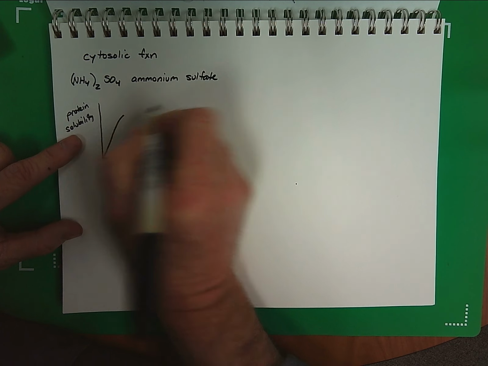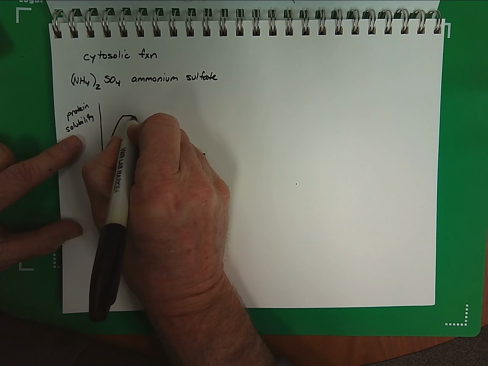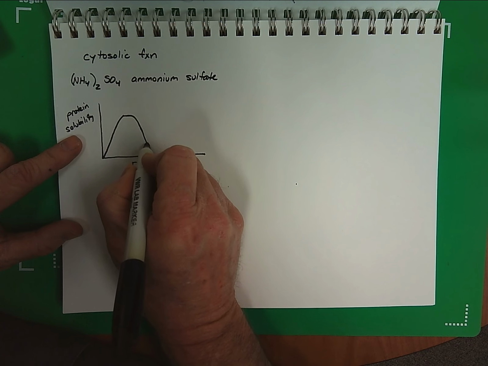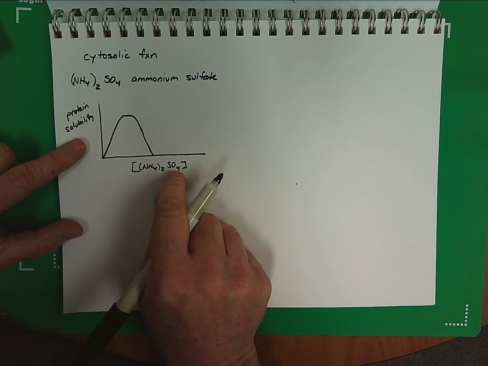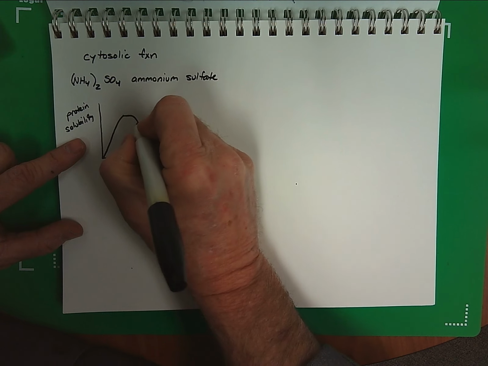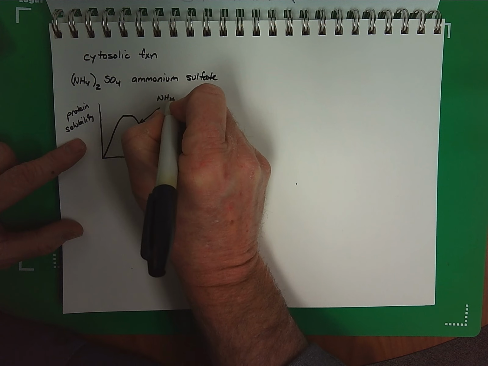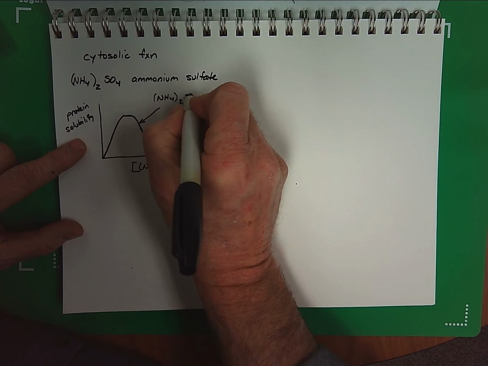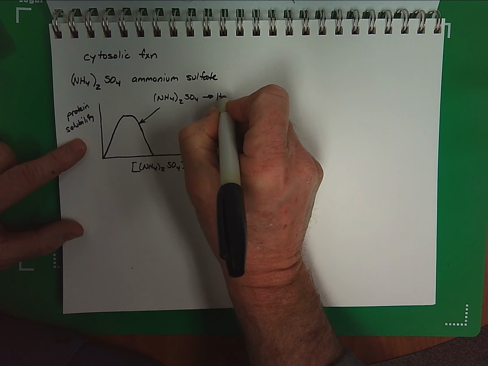Now eventually what will happen is at certain concentrations of salt, certain proteins will decrease their solubility with increasing salt. What is happening exactly here is that the ammonium sulfate is now interacting with water.